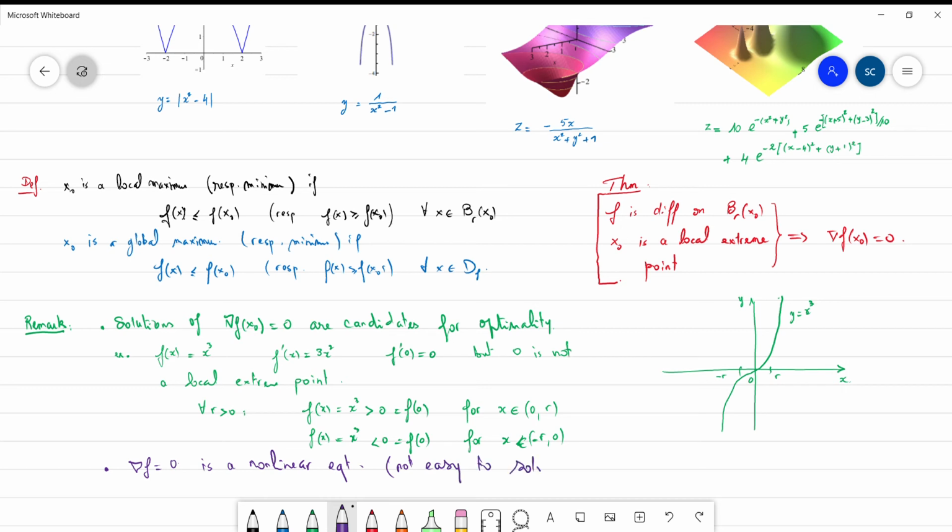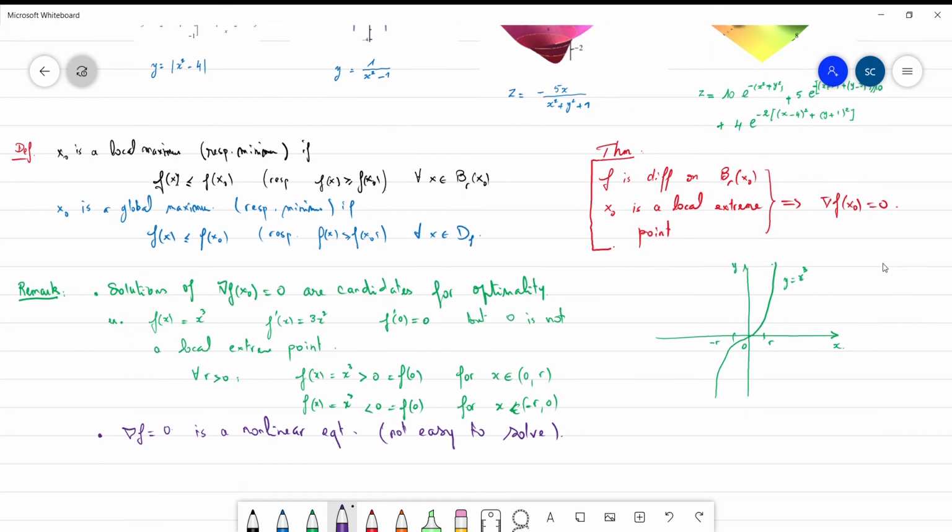So often we have to use approximate methods.